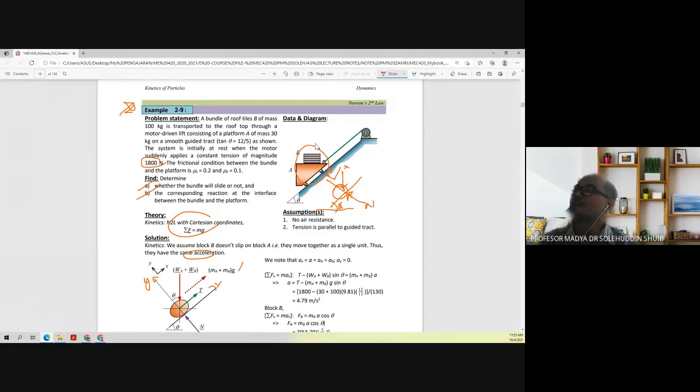After you have obtained this, we can start using Newton's second law, the summation of force in the x direction for the block.